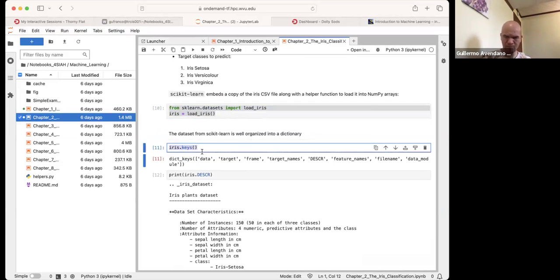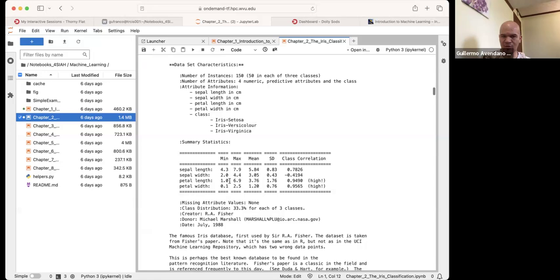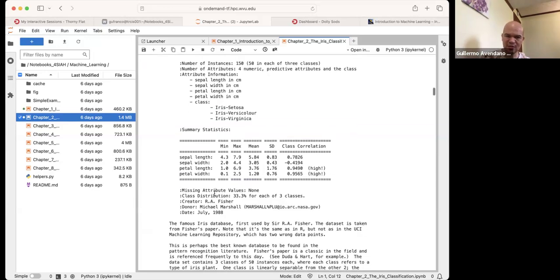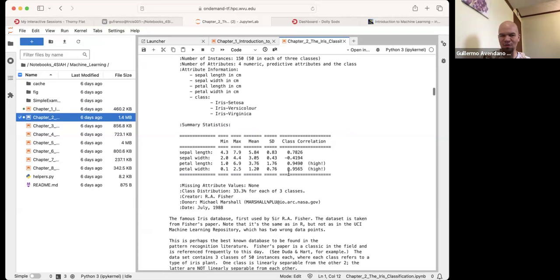You have all the elements here, and you can see a statistical description of what is there for all the columns in the set. So the minimal length, the maximal, the mean, the standard deviation, all that.